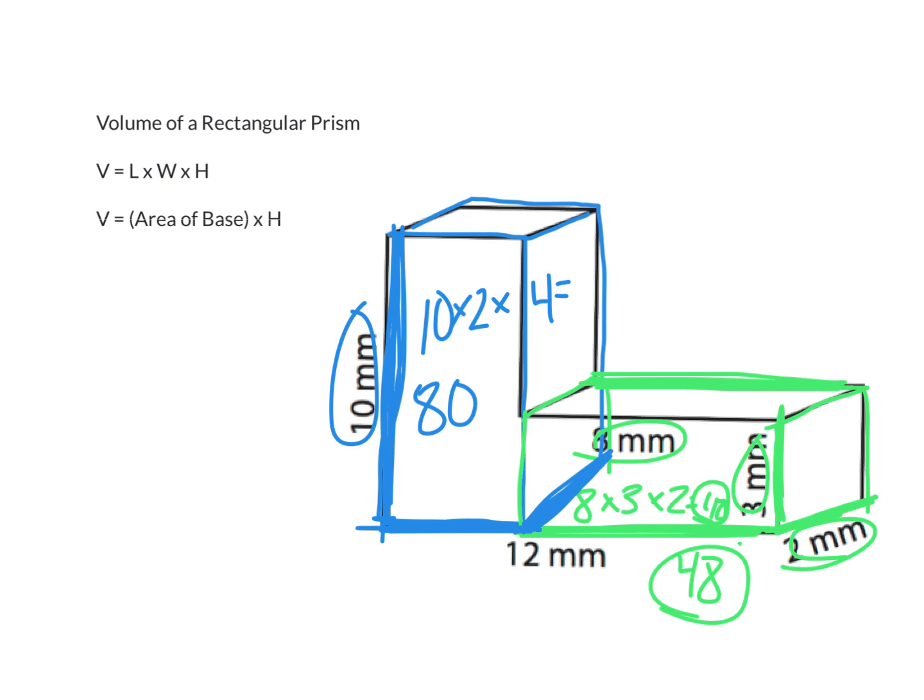So last step, I will add these together, and it gives me 128 millimeters cubed, or cubic millimeters.